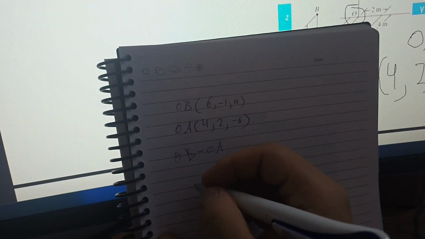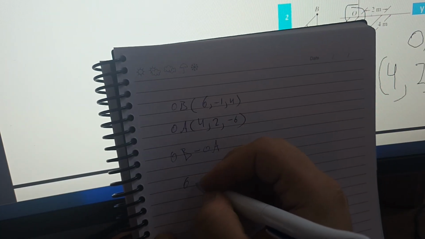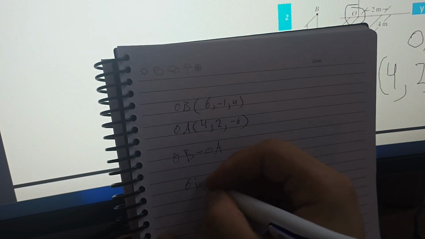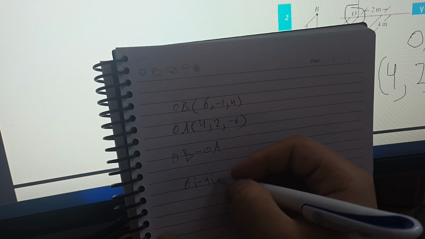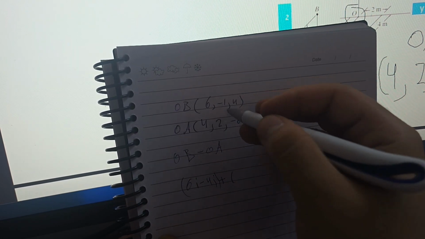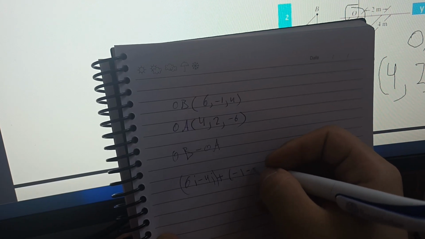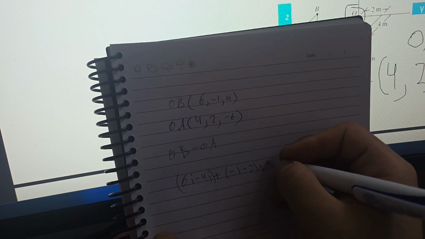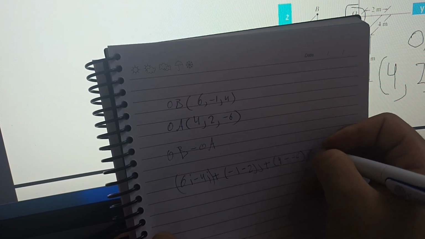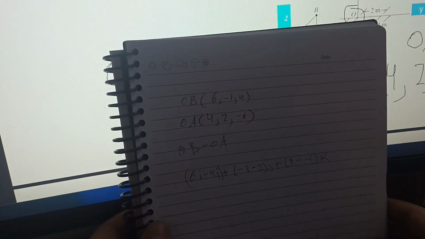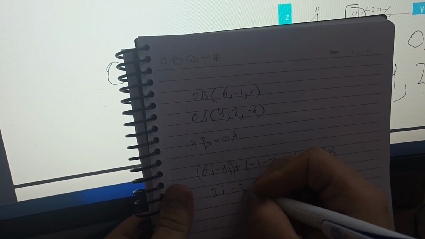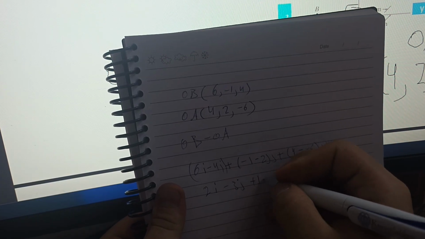That would mean you do 6i minus 4i for the i's, plus these, put them in brackets so you don't make a mistake. Now you'll have (-1 minus 2)j plus (4 minus -6)k. Okay, so that will mean you have 2i minus 3j plus 10k.